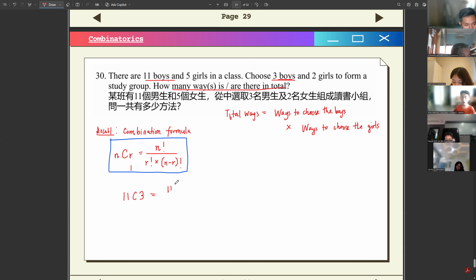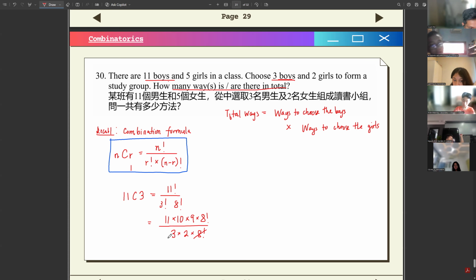So this is 11 factorial over 3 factorial. 11 minus 3 is 8. So let's expand 11 times 10 times 9. We can stop at 8 factorial because we can just cancel it out. Cancel, cancel. We can cancel out further, no? 9 over 3, that's 3. 10 over 2, that's 5. So this simplifies to 11 times 5 times 3 or 55 times 3, which is 165.